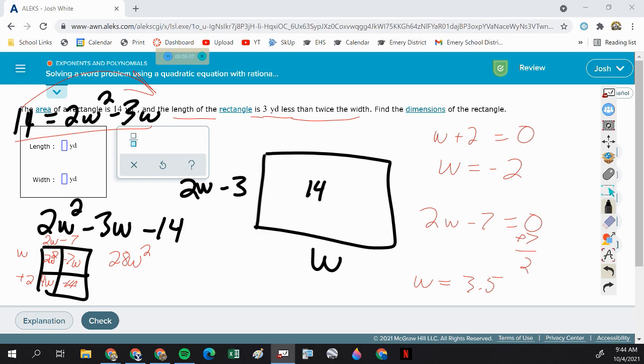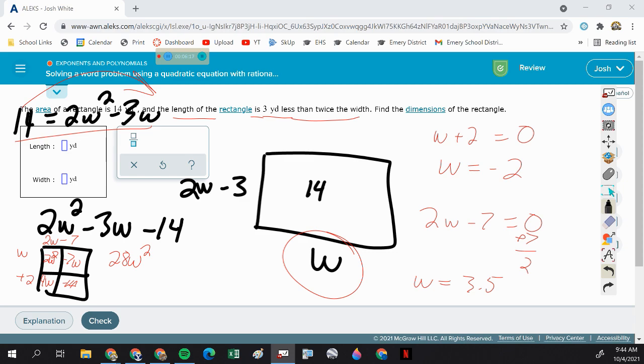Any of those make you a little nervous? Can W equal negative 2? No. Why? Could this side have a measure of negative 2 yards? No. That doesn't make any sense.